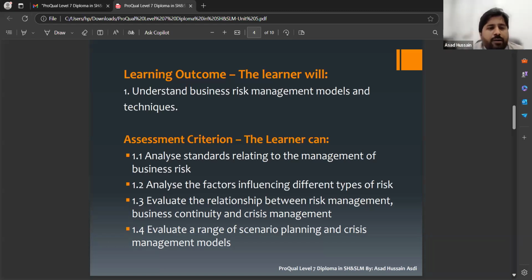So the third one is 1.3, evaluate the relationship between risk management, business continuity, and crisis management.